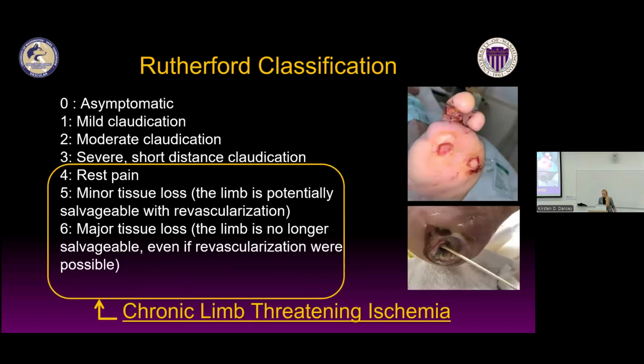This is probably the most common classification that vascular surgeons use for understanding PAD and using the same language between clinics. It ranges all the way from asymptomatic to major tissue loss, where we're questioning if the limb is salvageable at that point.